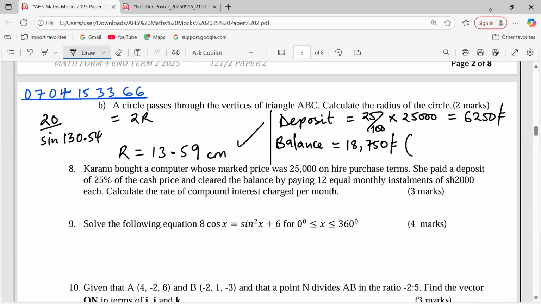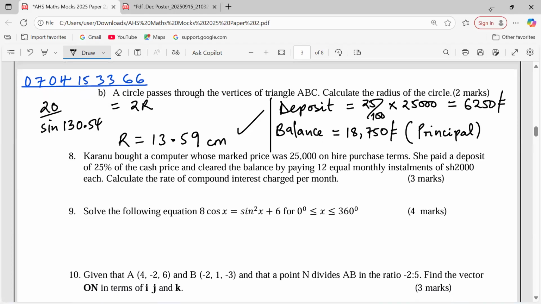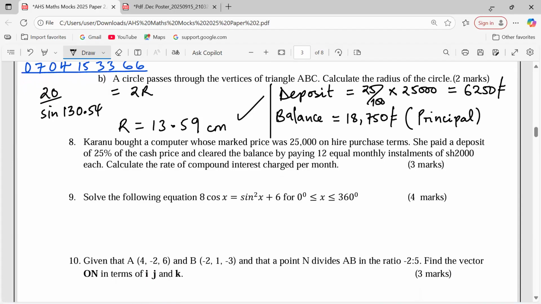This balance can also be called our principal because it is the money that shall earn interest. So it's our principal amount. Then we can also say that there is the total installments, which becomes our amount. At the end of it, instead of settling a balance which was 18,750, this person will be clearing an amount equal to 2,000 times 12 months. 12 times 2,000, giving us 24,000.